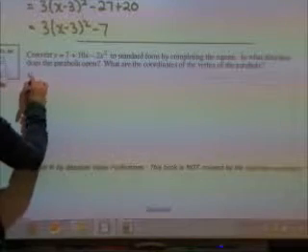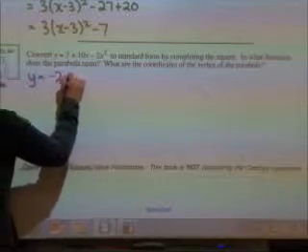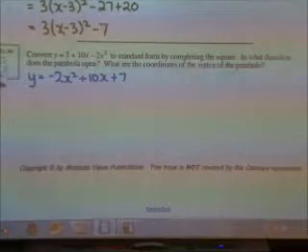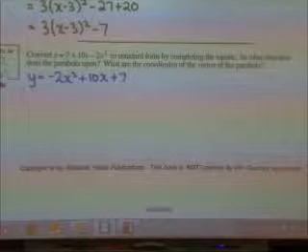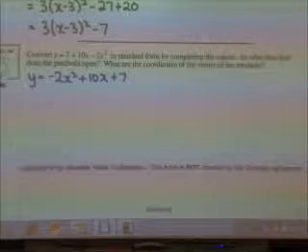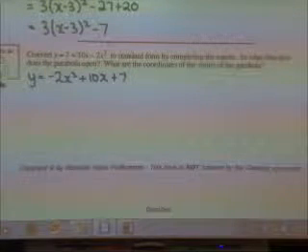Okay, so how would you rearrange it, Hannah? That would probably be a good first step to start off with. And then that way it's in my ax squared plus bx plus c, and then I can start through my process. Okay, so what would I do next?